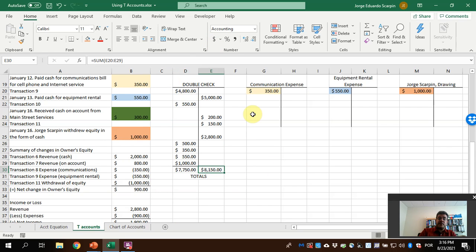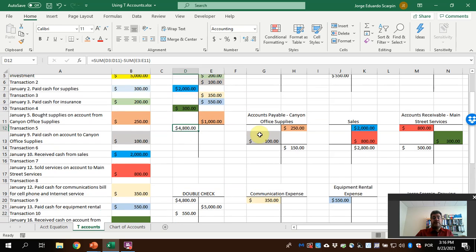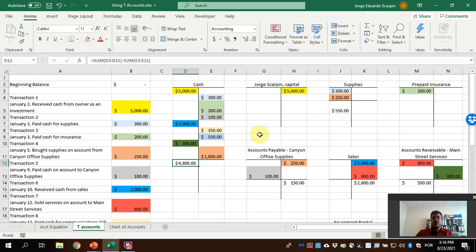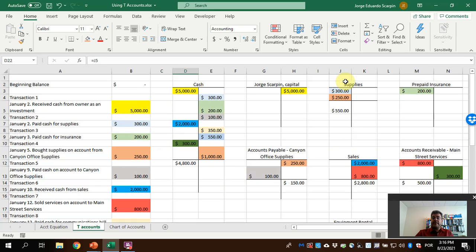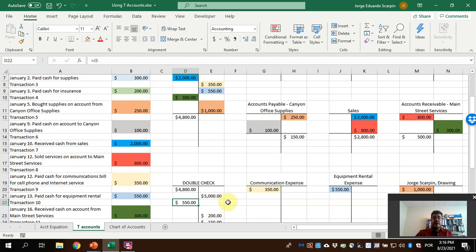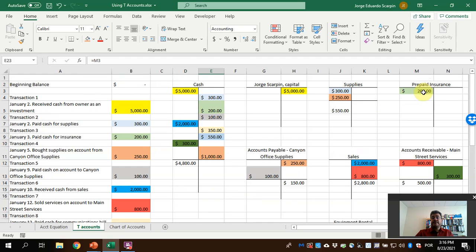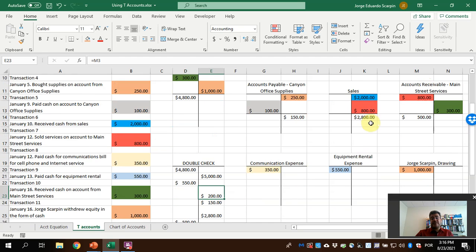If they are not matching, something is wrong. Let's double check. 4,800 cash, okay. 5,000 credit, capital, okay. 550 debit, okay. 200 credit, whoops, 200 is debit, not credit.